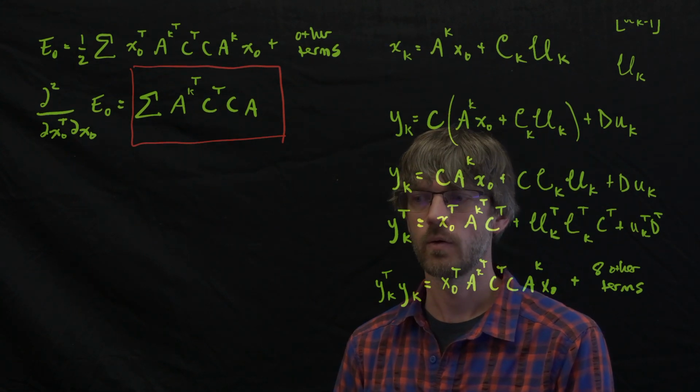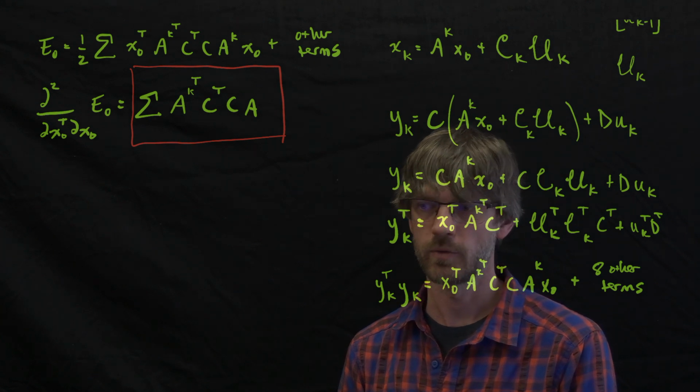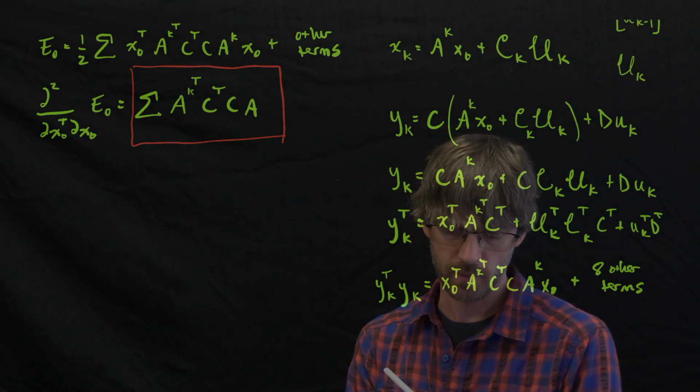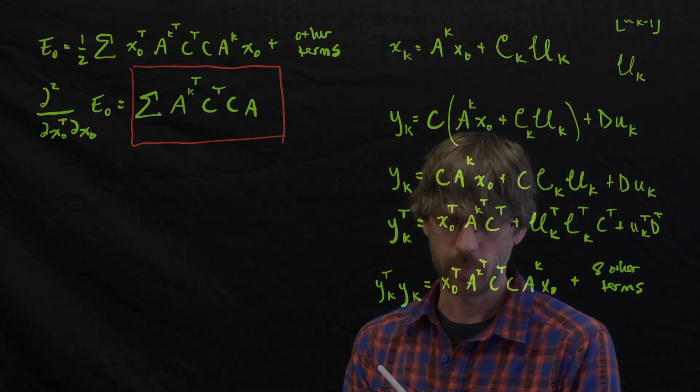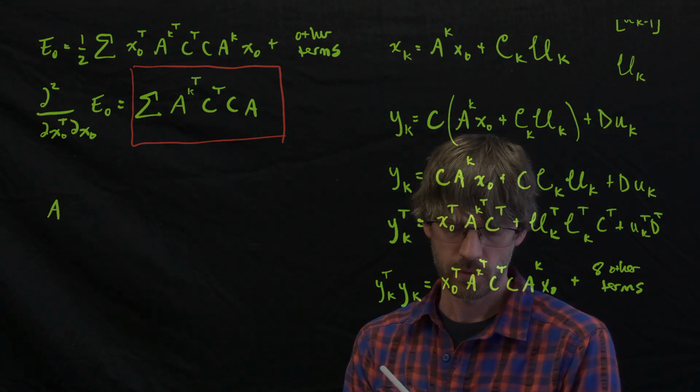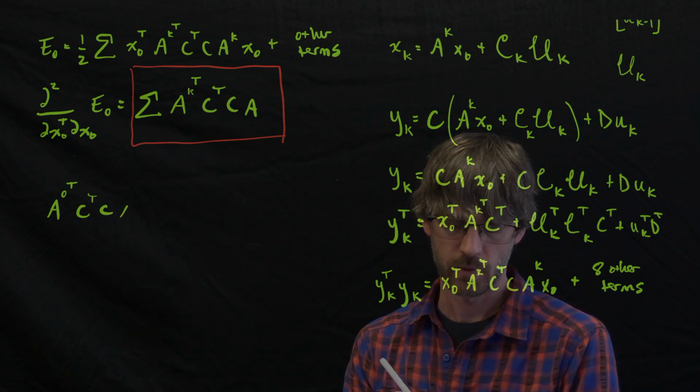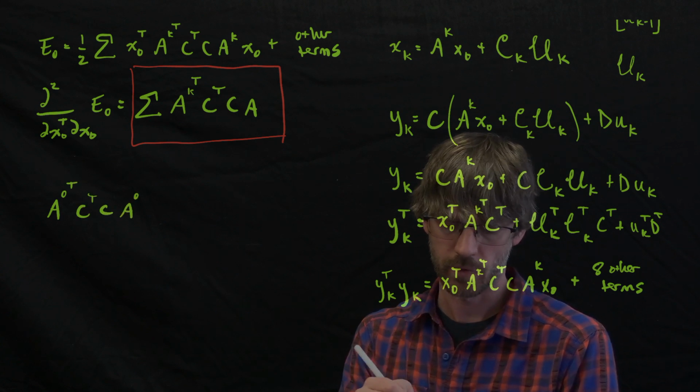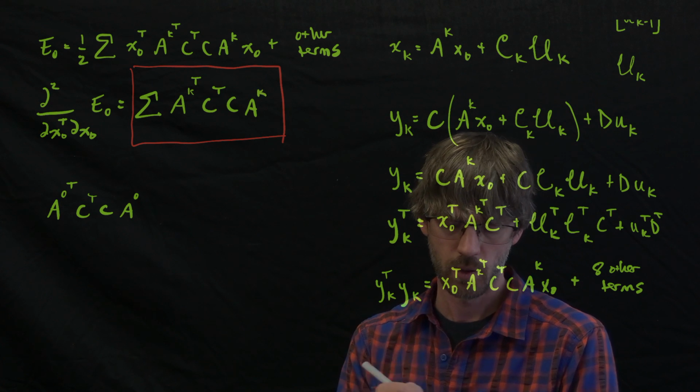So if we write this out very explicitly for a couple of time steps, then for time step 0, we'll have A to the 0 transpose C transpose C times A to the 0. Sorry, this should have had an A to the k up there.